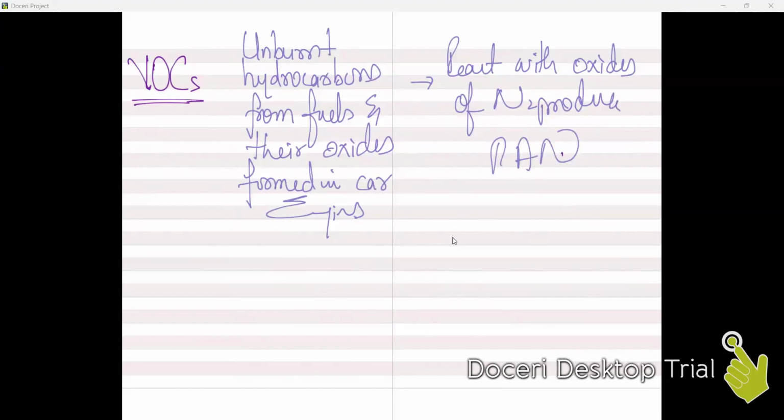Now, what is this PAN? PAN is basically a pollutant. It's a photochemical smog.